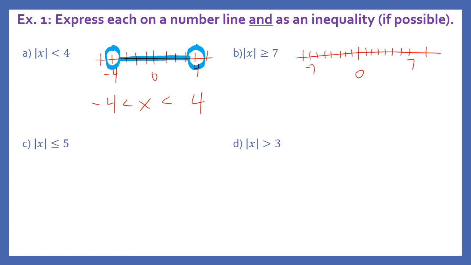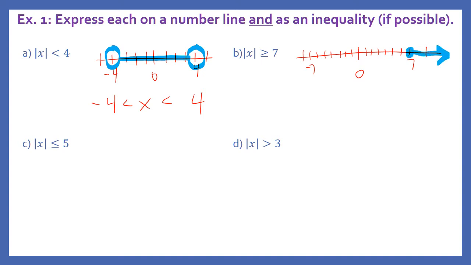This one's the opposite. So anything that is, if we start at 0 and go to the right, anything from 0 to 7 is less than 7 units away. And we want it to be greater than 7 units away. And since this is equal to, we're going to use a closed dot.